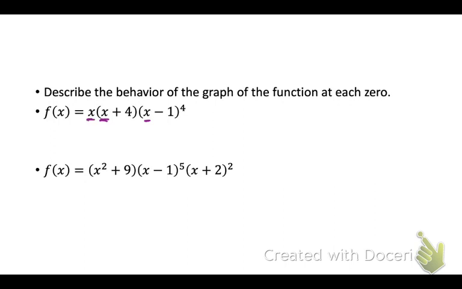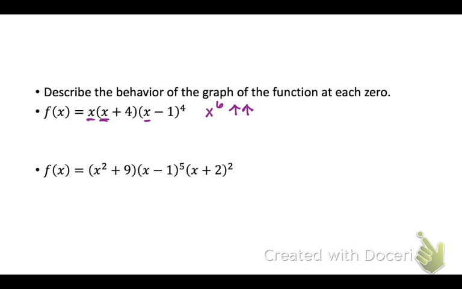Then times another x, it's 6th. So when I multiply this all out, it's going to be x to the 6th when I'm done. Is that odd or even? Even. And it's positive, yes? So the end behavior would be up, up. This graph is going to start up and end up when I graph it.